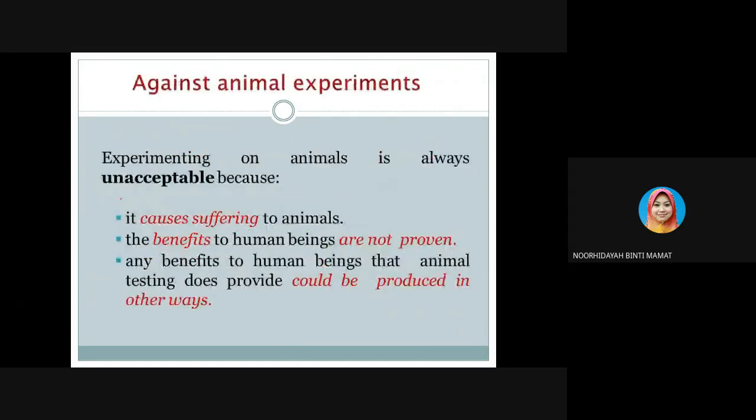Against animal experiments, the position is that experimenting on animals is always unacceptable because the experiments cause suffering to the animals.